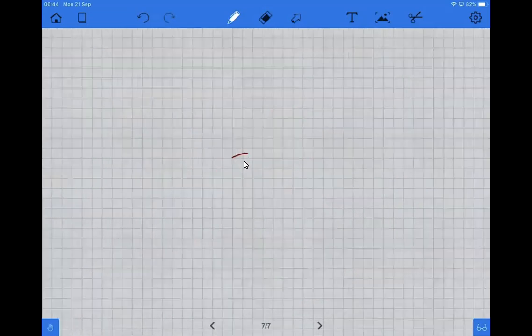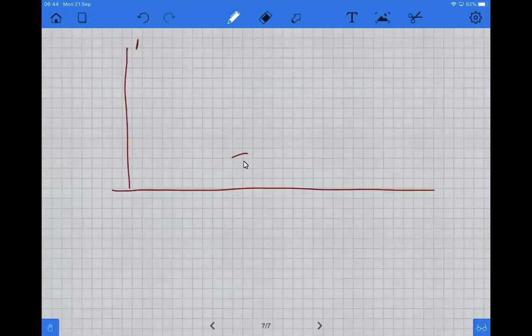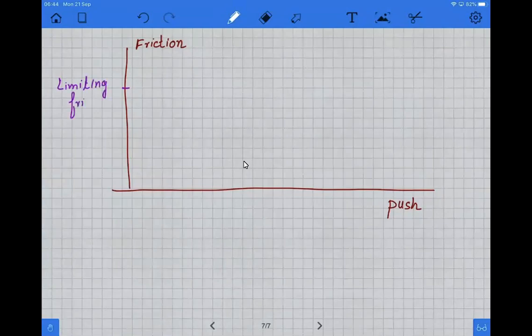Now, if we plot a graph between friction on the y-axis and push or the applied force on the x-axis, you get a point which is called limit of friction or maximum friction or limiting friction. It is a maximum value of friction. When you increase the push, the friction will also increase. A time will come when the friction becomes constant.